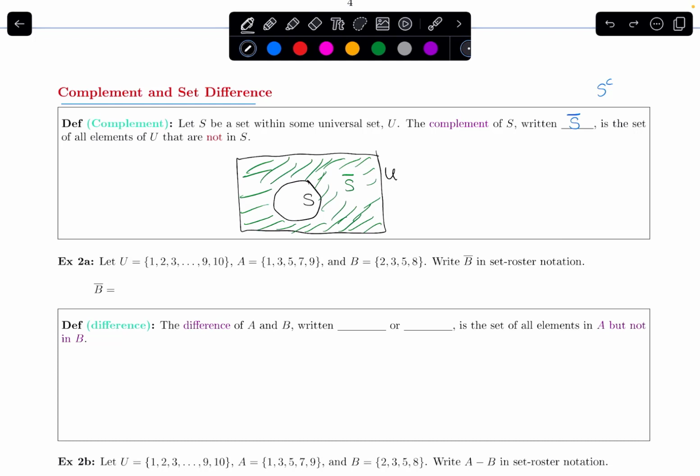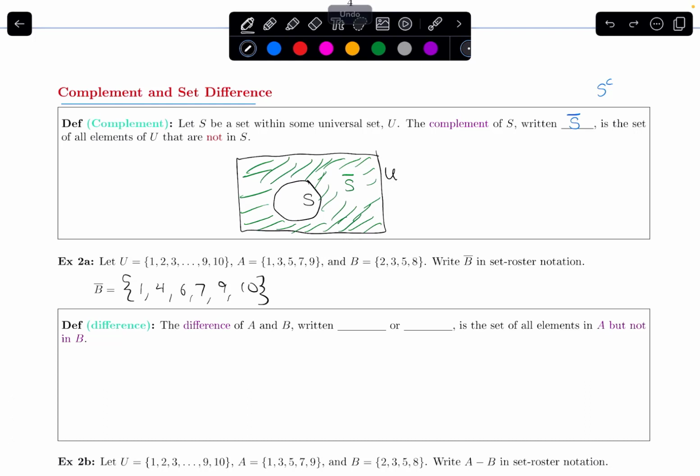B complement consists of all things in the universal set that are not in B. So those are the other integers, like 1 and 4, as well as 6, 7, well, 8 is already in B, so that wouldn't be there, 9 and 10. Those are the things in U that are not in B.